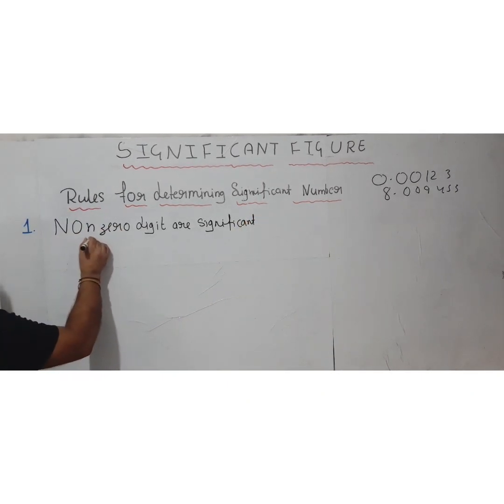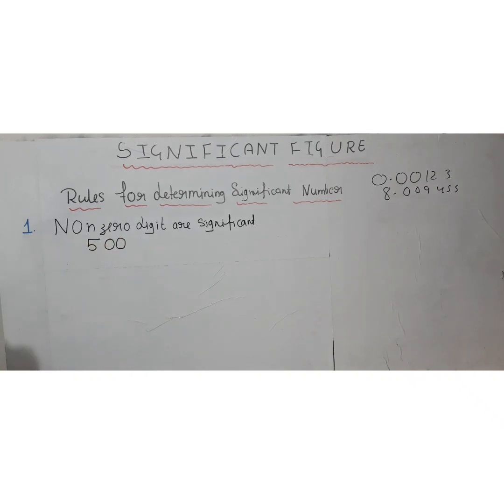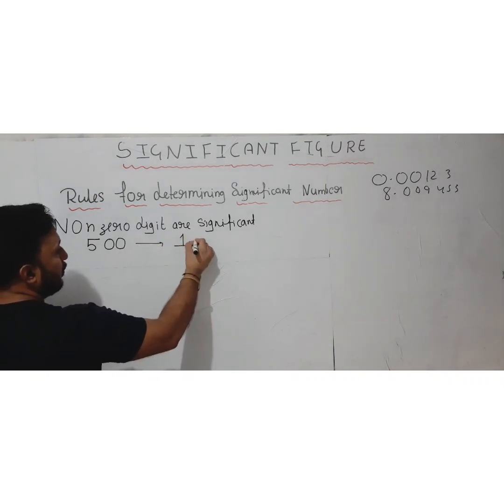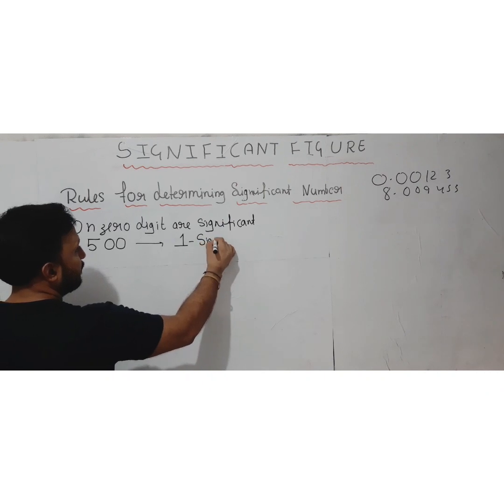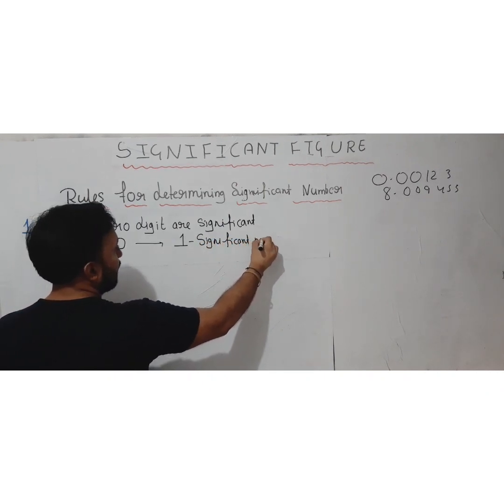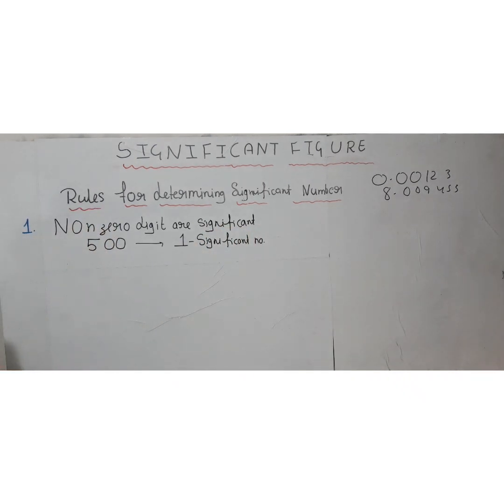Suppose I am writing 500. Now in this case if you see there is only one non-zero digit, which is 5. So here the number of significant figures is going to be 1. That is, only one significant number is going to be there.